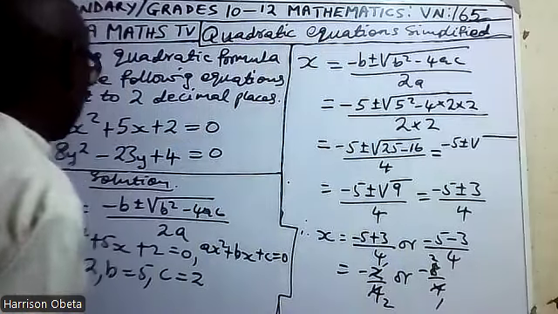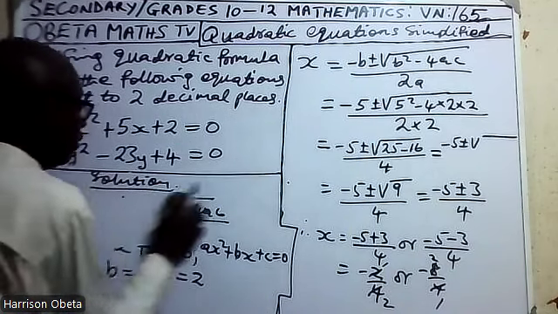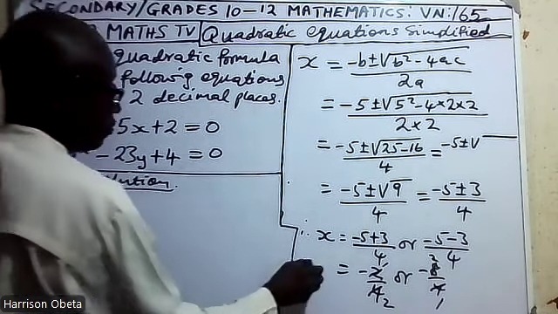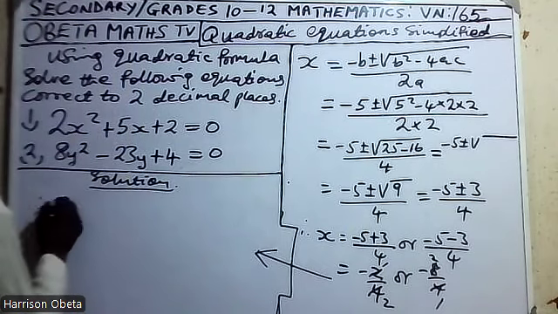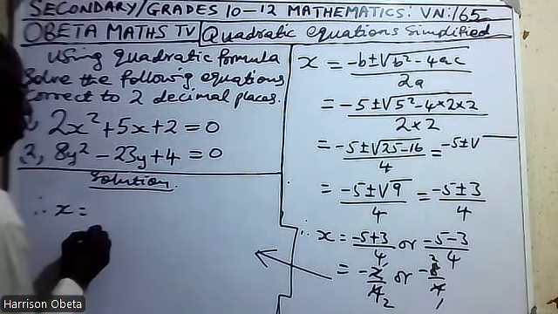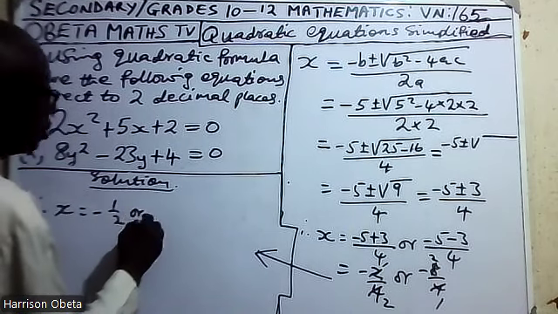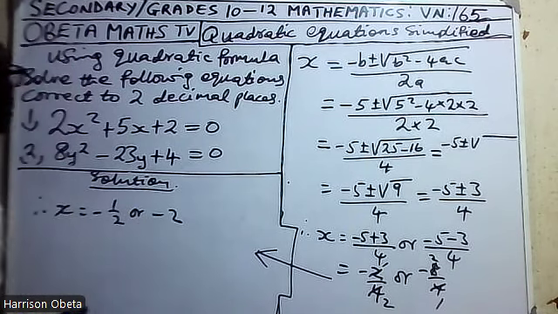So coming back here, we have that x is equal to minus 1 over 2 or minus 2.